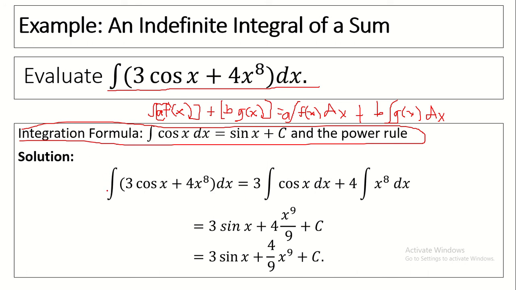So, the indefinite integral of 3 cosine x plus 4x raised to 8 dx is equal to, applying the theorem 1.3, so ilalabas natin yung numerical coefficient na 3. So, ilalabas natin yung 3. And then, the indefinite integral of cosine x dx plus, ilalabas natin yung 4. And then, integrate x raised to 8 with respect to x.